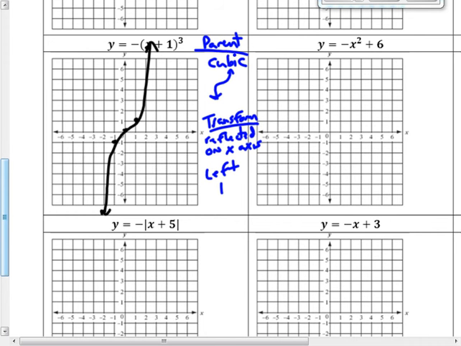Now my transformation says that I reflected it on the x-axis. So now instead of this going down to the left and up to the right, it's now going up to the left and down to the right. And I moved it left 1. So this point moved left 1 here. Each point is then reflected across the x-axis, and I end up with a graph that looks like this.